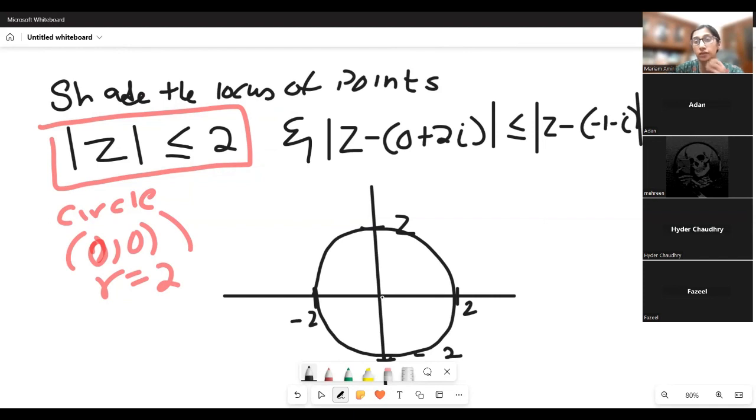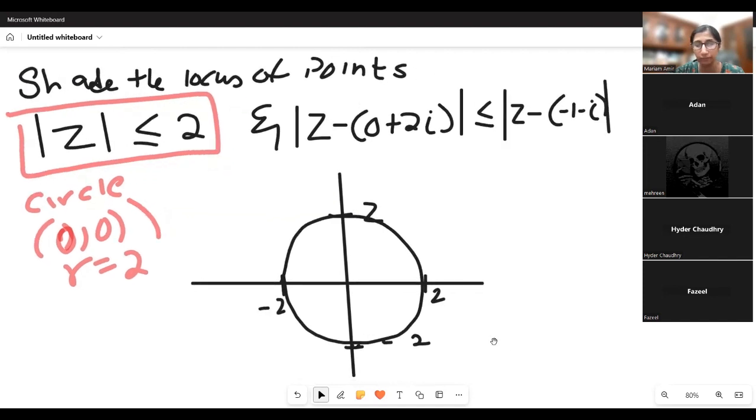That means you have to shade the region inside the circle. That's equals to as well underneath the inequality. That's why I've plotted a solid line. Otherwise, if it were just less than 2, I would have plotted a dotted line, sorry. So let's take a look at the other condition given to us. This one.